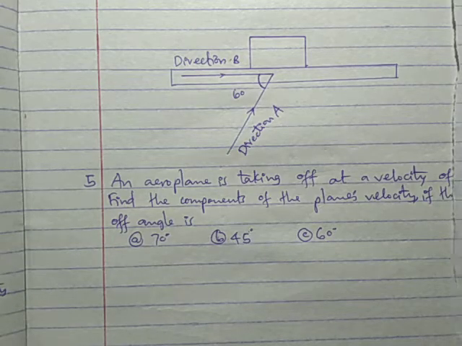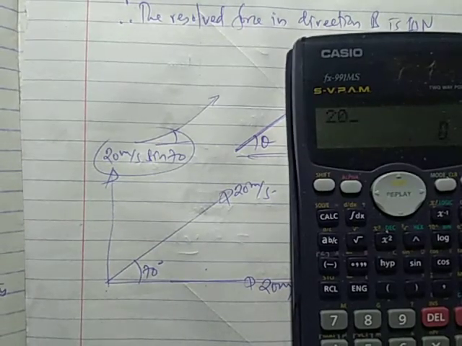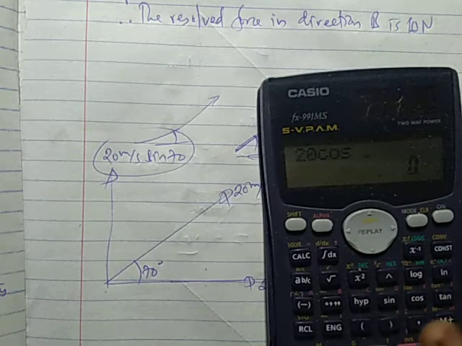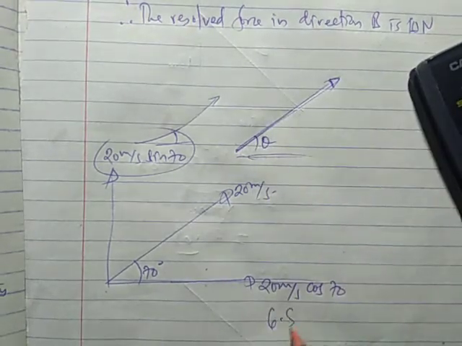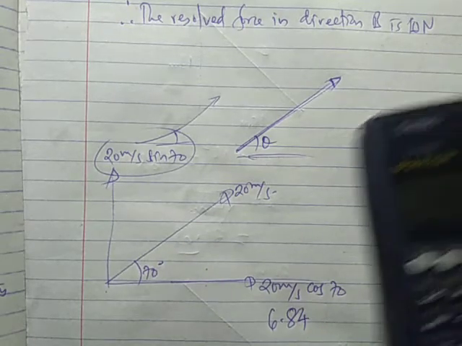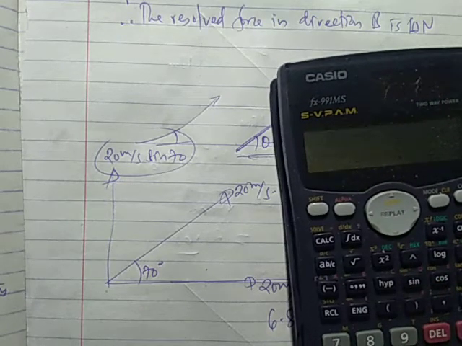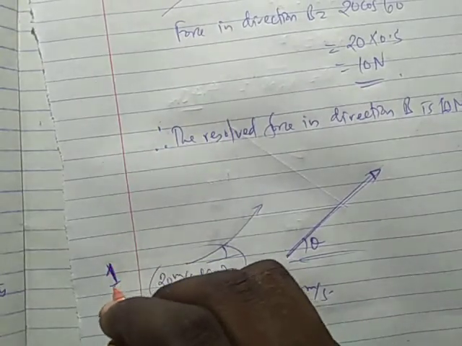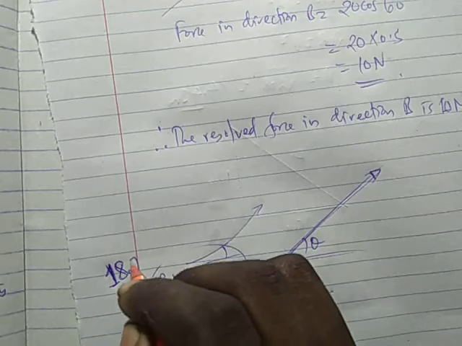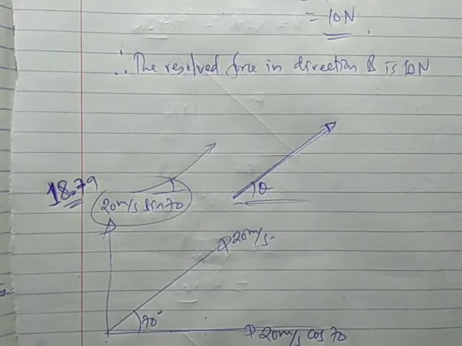So I will just put the answers here. 20 cos of 70 itakuwa 6.84 and 20 sine of 70 ni sawa na 18.79. Yeah, hii ni kwenye angle ya 70.